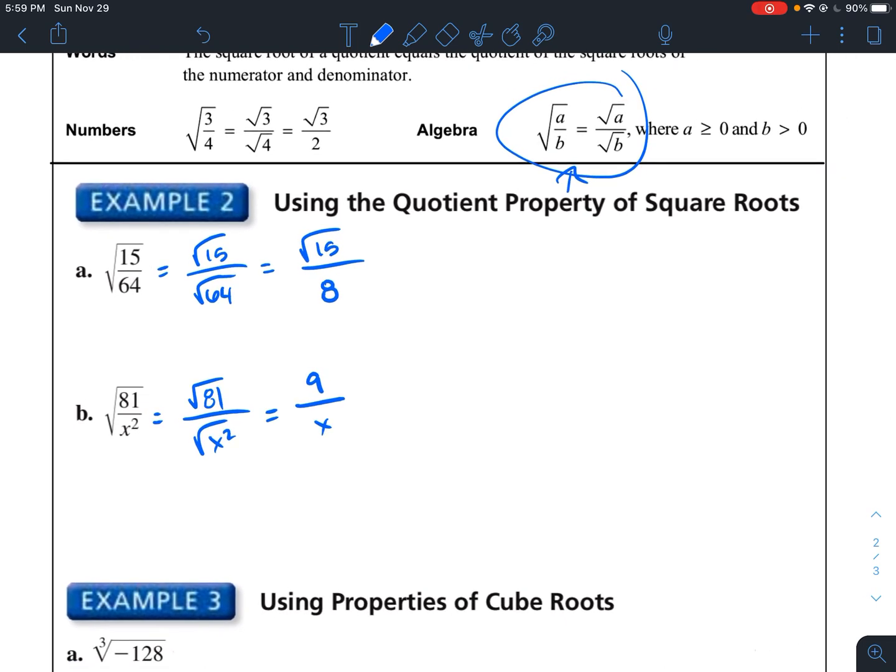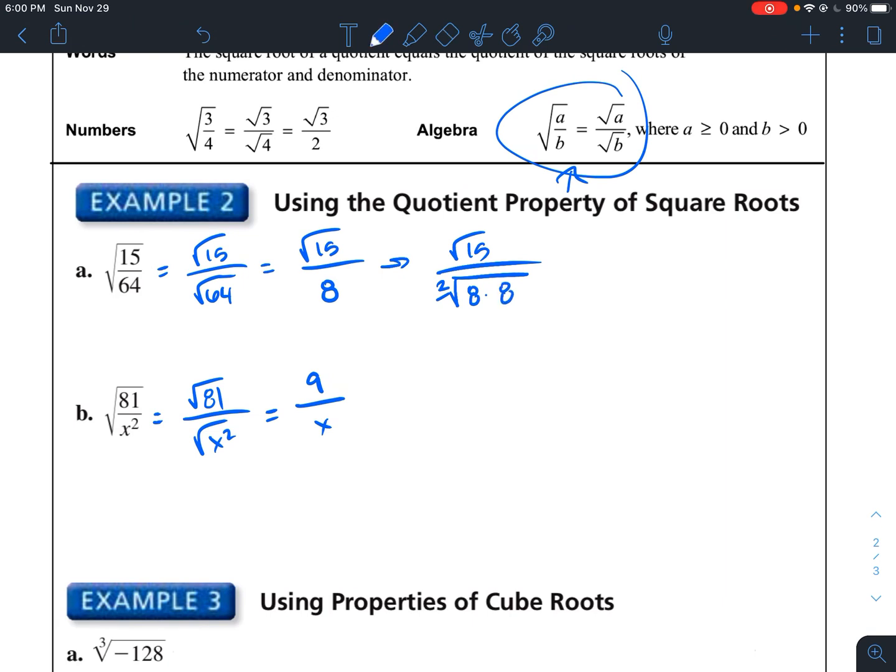Another way of looking at this, let's say up here, you could say that this is the square root of 15 and this is the square root of 8 times 8. Now, this is a square root, which means the root n equals 2. Sorry, one second. That should be 8 times 8.